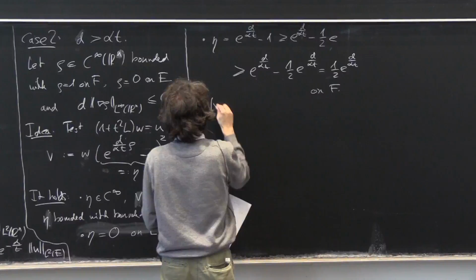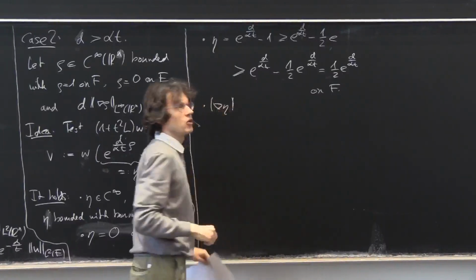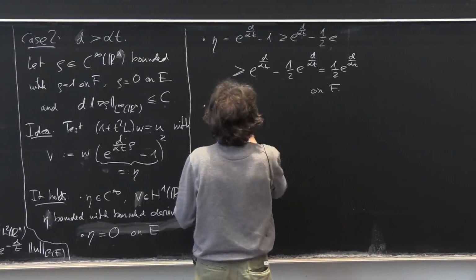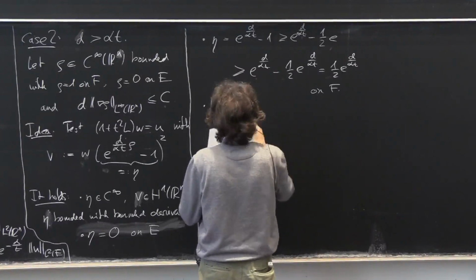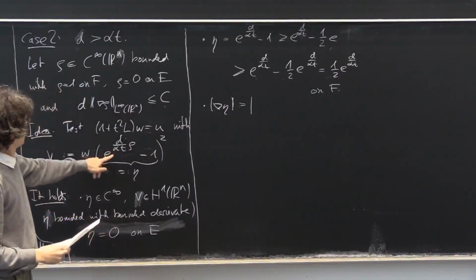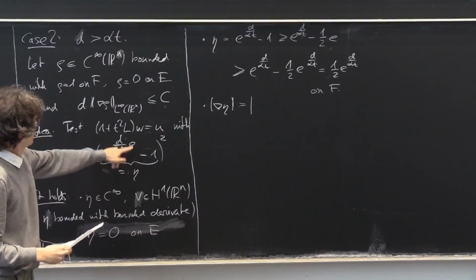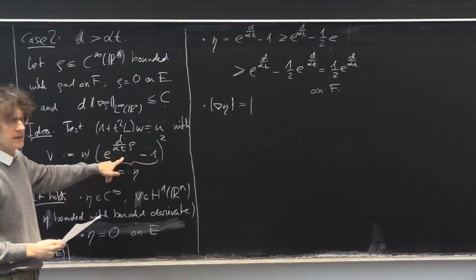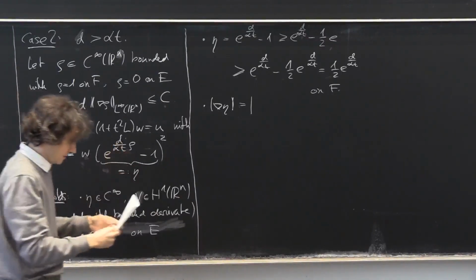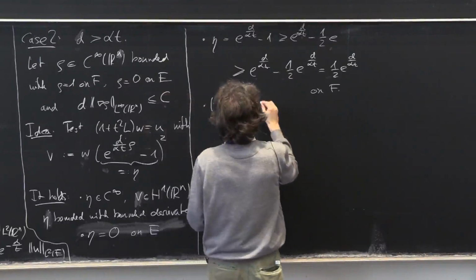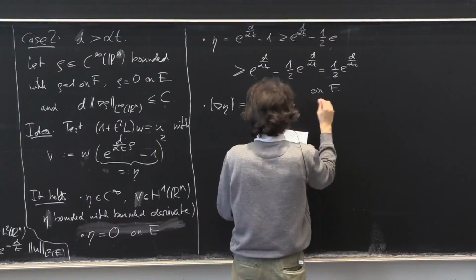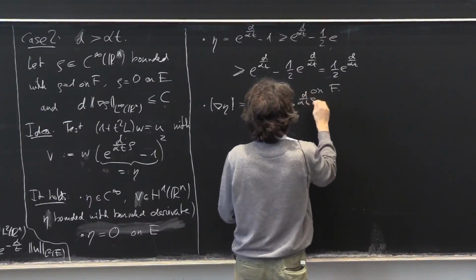And the last thing, we want to estimate the norm of the gradient of eta. And this is, okay, what is the gradient of eta? We have to calculate. So this exponential will reappear, and then we have this factor times the gradient of rho. So this is d over alpha t gradient rho times e to the d over alpha t rho.